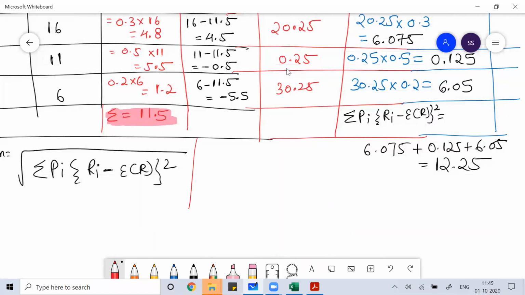So the standard deviation is the square root of this.